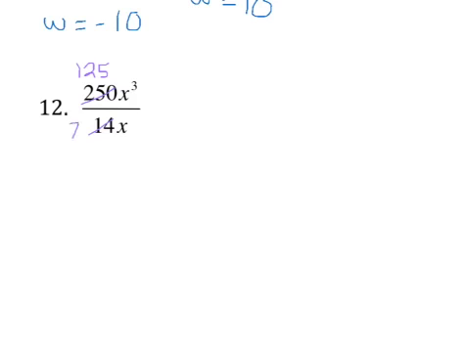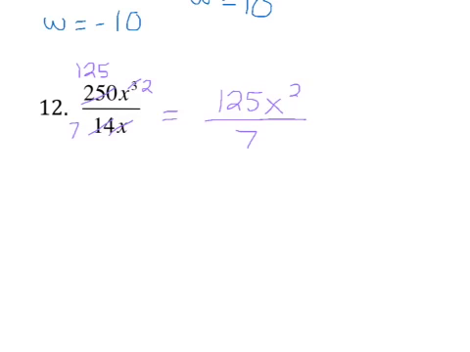Also, we see an x cubed on the top and a regular x on the bottom. So we can cancel this x with one of the x's, so this x cubed will become an x squared. So our final answer is 125x squared all over 7. So now 7 doesn't go into 125, and we can't reduce it further, so that's the simplest form.